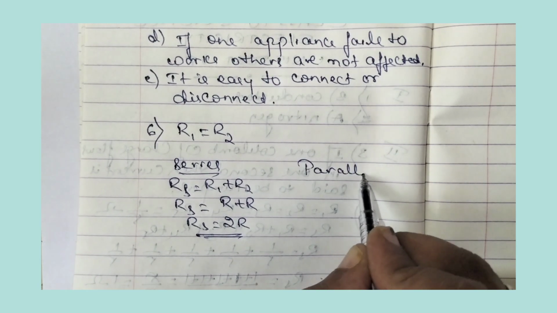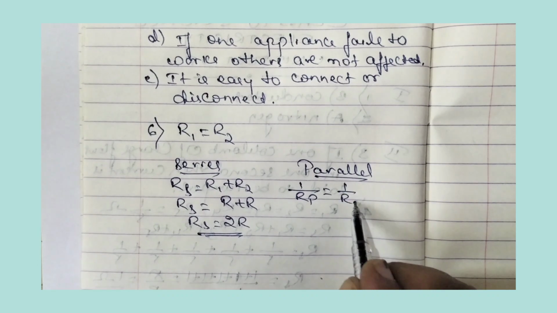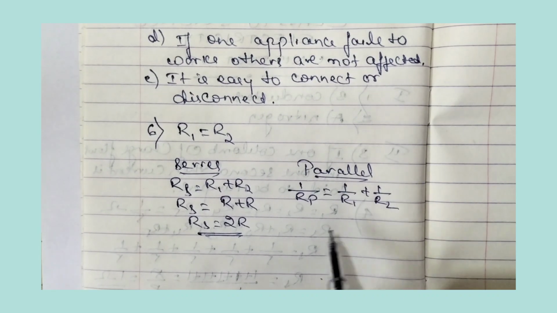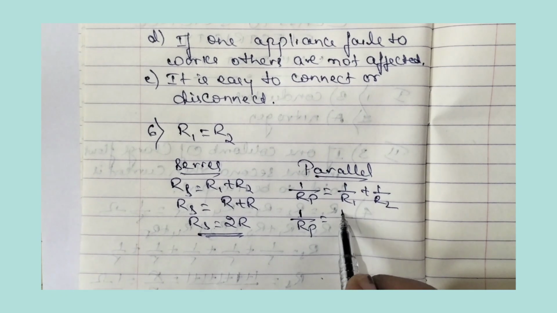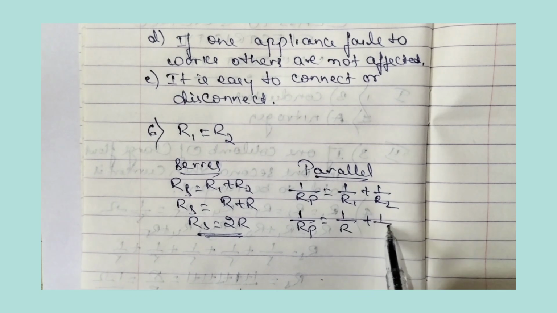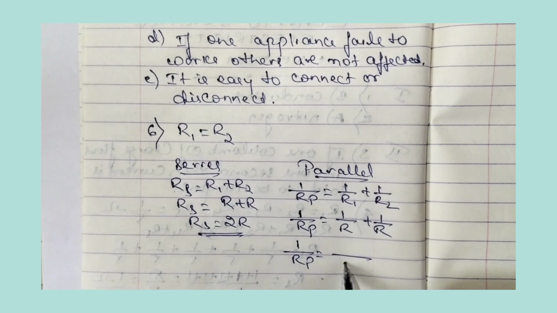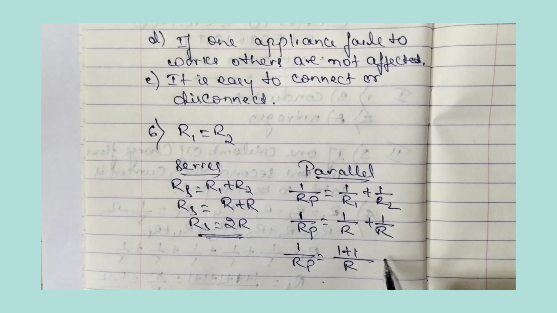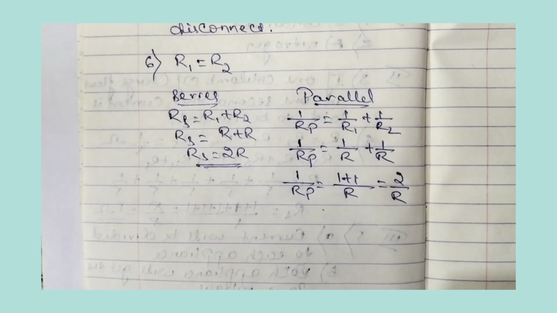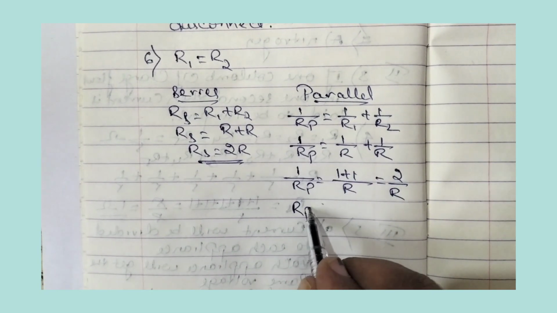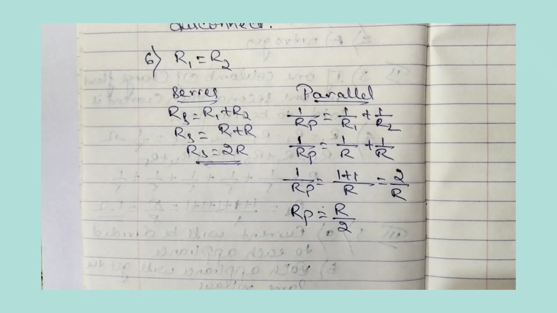Then parallel: 1 over Rp is equal to 1 over R1 plus 1 over R2, which is 1 over R plus 1 over R. Both the denominators are the same, add the numerators. It will become 2 by R. So what is the reciprocal of 1 by Rp? Rp by 1. The reciprocal of 2 by R is R by 2.